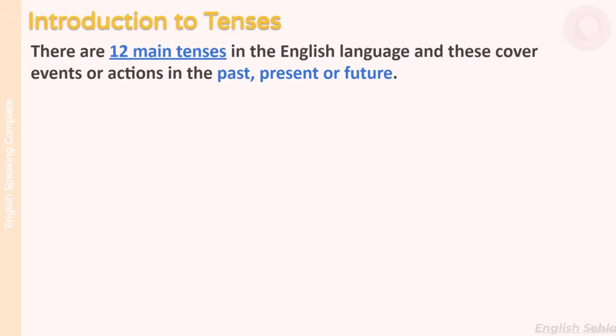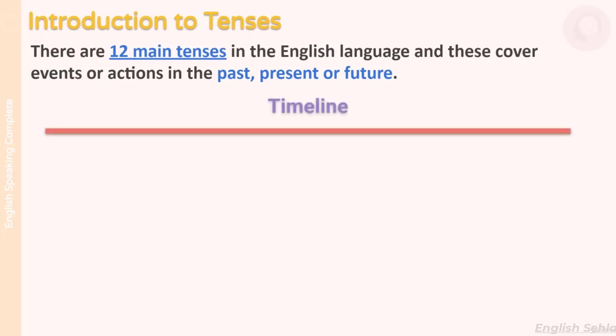Basically these cover different types of actions, but also 3 time events too: past, present, or future. So if we consider this timeline, we have past, present, and future. Tenses are used to be able to speak about time. So without the tenses that we have, it would be difficult to do so in such detail.